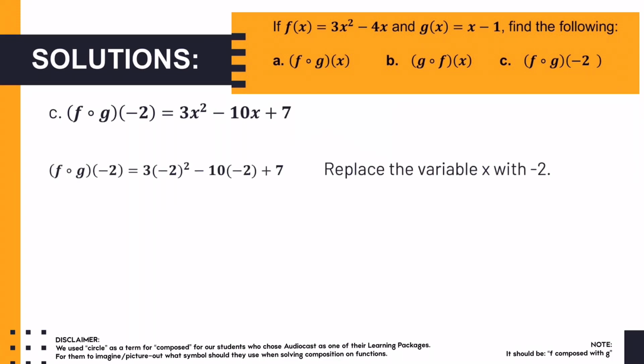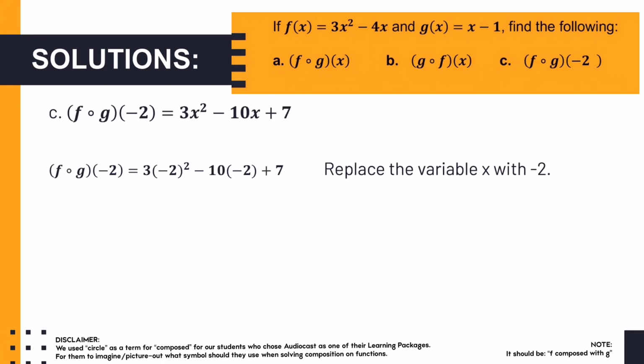For this example C, all we have to do is replace or substitute all variable x by negative 2. That is f circle g of negative 2 is equal to 3 multiplied by negative 2 squared minus 10 multiplied by negative 2 plus 7.